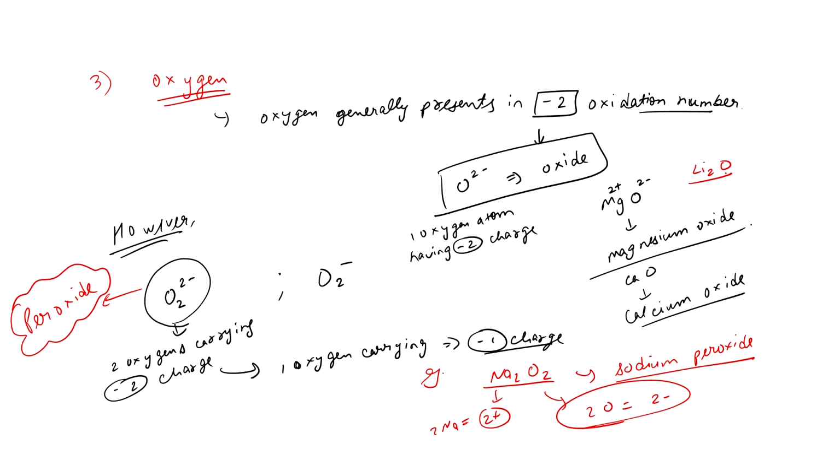But oxygen can have 2 other oxidation states also possible. In case of oxide, 1 oxygen carries a 2 minus charge. It is possible that 2 oxygen atoms combinedly carry a charge of minus 2, 1 oxygen carrying a minus 1 charge, and this species is called peroxide. For example, Na2O2, this is known as sodium peroxide.